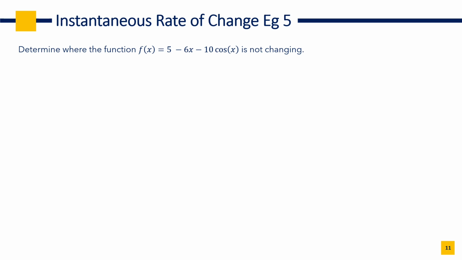We're going to use cos so that you can remind yourself that sometimes there will be multiple solutions which will fit the answer. So in this case, we have f of x is equal to 5 minus 6x minus 10 cos x. And we're going to determine where it is not changing. So we're just going to look for where that derivative is equal to 0. If we go through this process, let's just write down the function first.